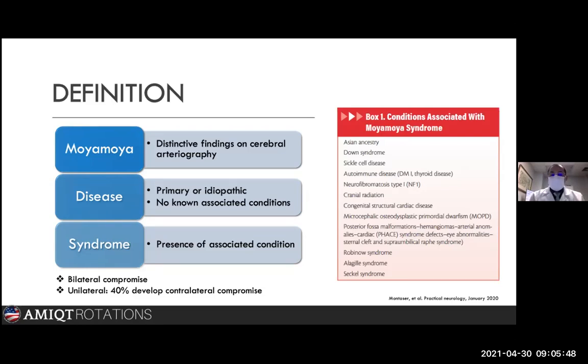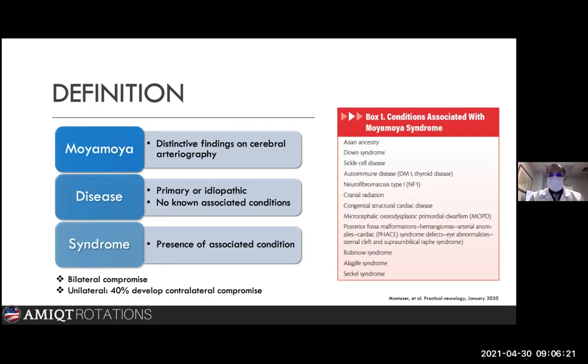If you have this pattern in a patient and it is primary or idiopathic and it is associated with a genetic predisposition, it is considered Moyamoya disease. But if this condition is associated with another condition, such as Down syndrome, sickle cell disease, neurofibromatosis type 1, or previous cranial radiation, it is considered Moyamoya syndrome.